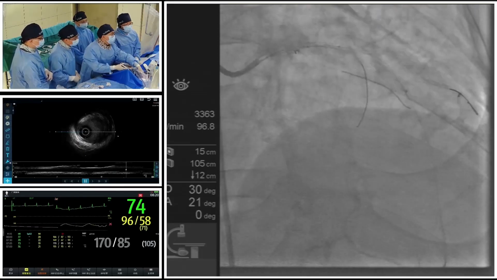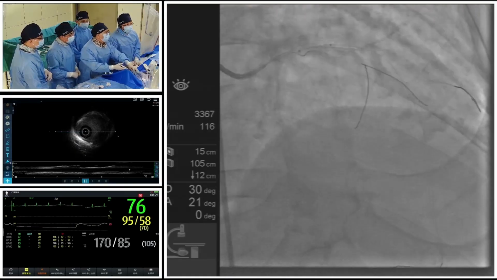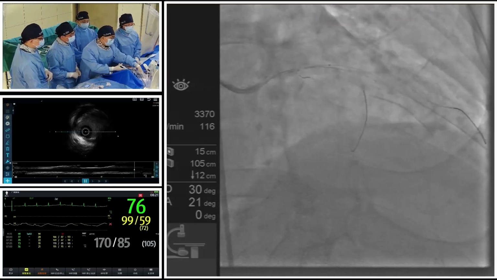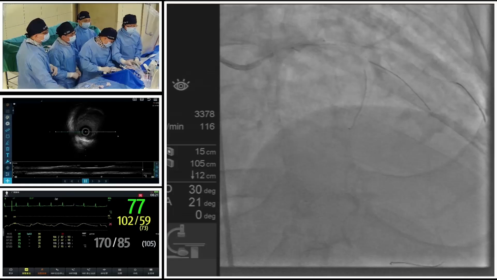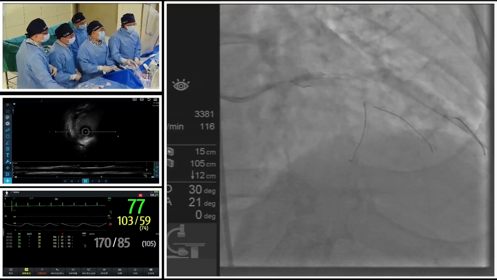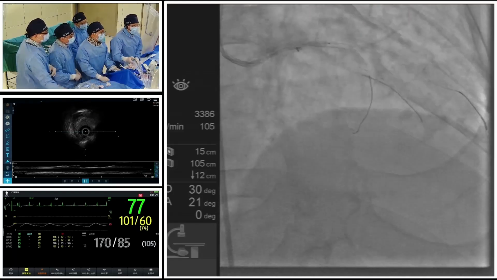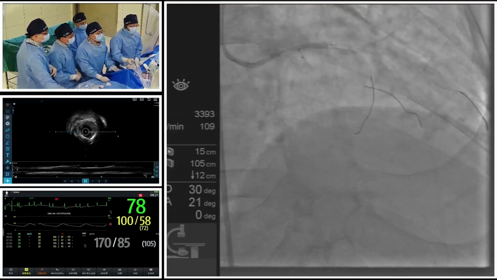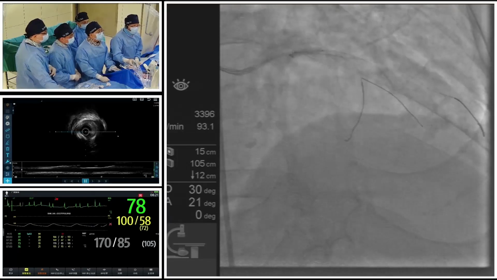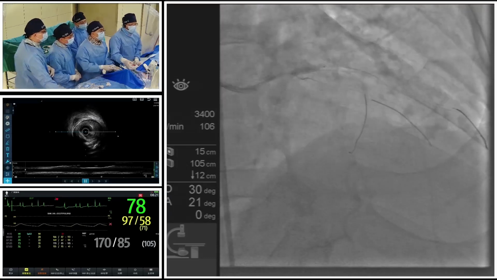However, different kind of distribution and also the composition of the plaque may lead to the different prognosis and also the modification strategies. In this case, I think that we have multiple imaging systems to help us to get a better idea of the plaque composition and distribution.